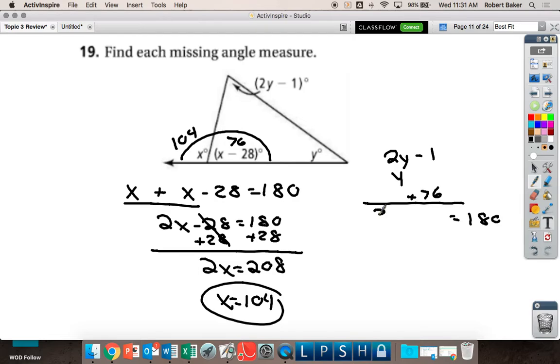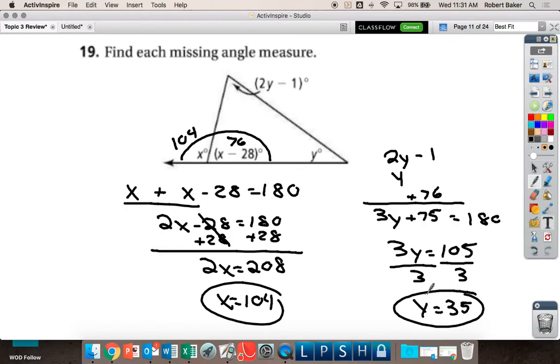That's 3y plus 75. Subtract 75 from both sides. The magical number of 1. And you get a total of 35. So y is 35.